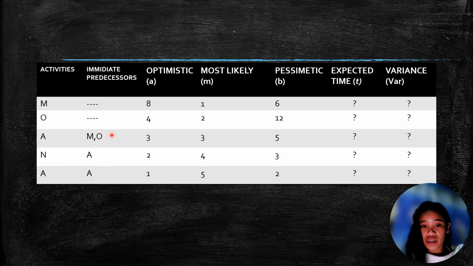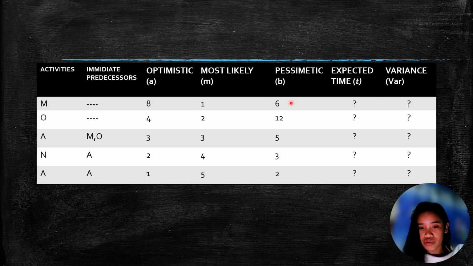The immediate predecessors of M and O is none, and both M and O are the immediate predecessors of A, and the immediate predecessor of N and A is A. We have also here the optimistic, which we denoted by A, and most likely, which we denoted by M, pessimistic, which we denoted by B, and also the expected time and variance that we're going to calculate later.